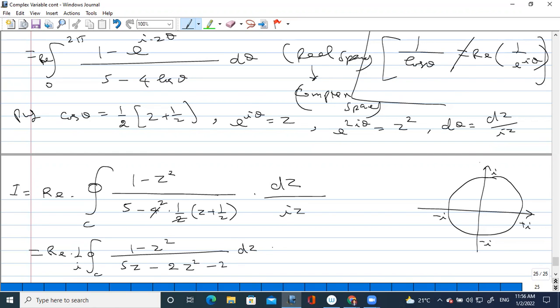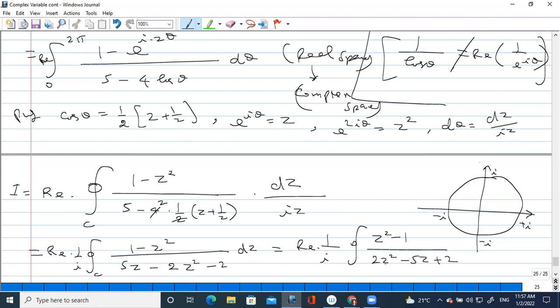So it will be real part of 1 upon i. For that, in the upper portion also I can do z square minus 1, so that minus will be adjusted. Then it will become z square minus 1 and 2z square minus 5z plus 2.